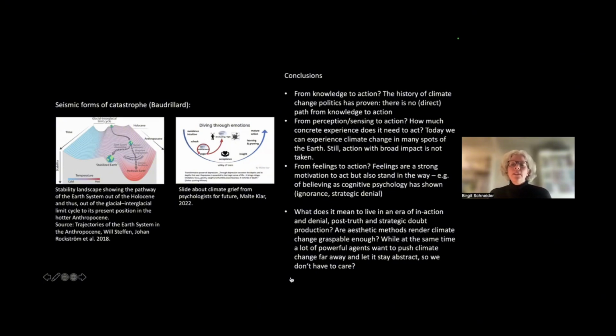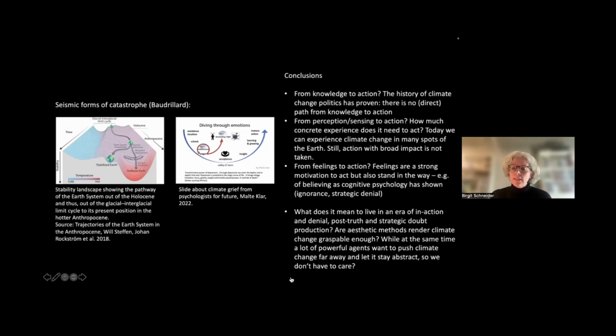So we would need to rethink it. What does it mean to live in an era of inaction and denial today, of post-truth and strategic doubt production? And this is how I see our times.